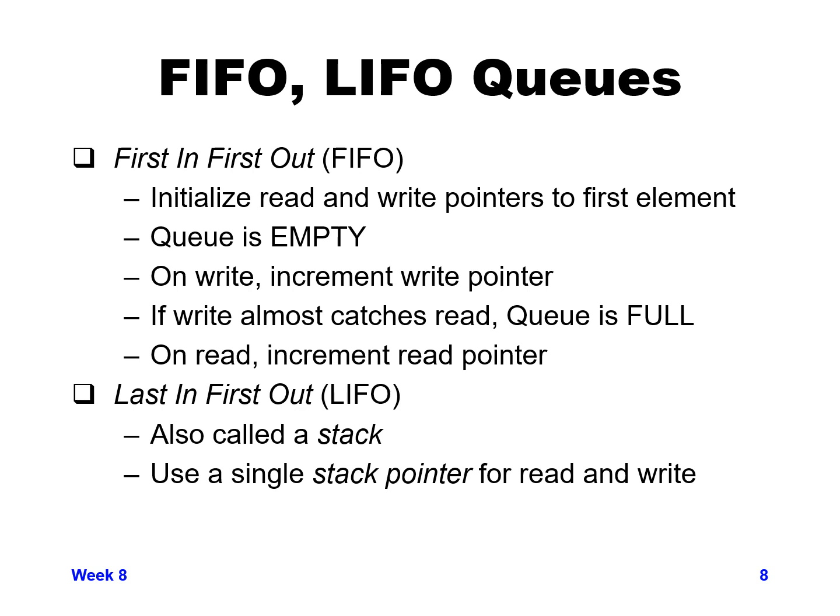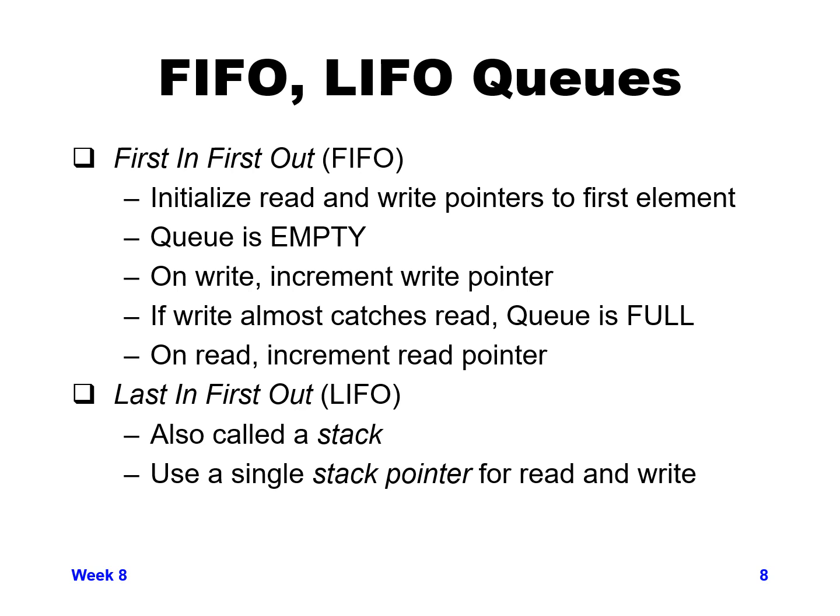They go out in the same order they went in. So you initialize your read and write pointers to the first element, and as they get written in, you go in sequence, and as they get read out, you go in sequence.